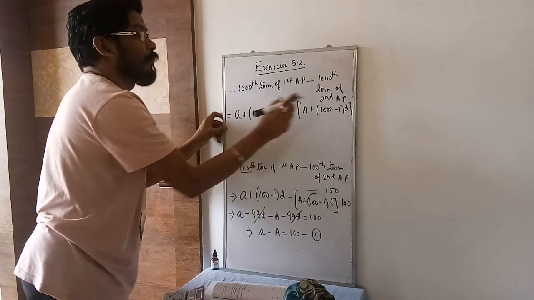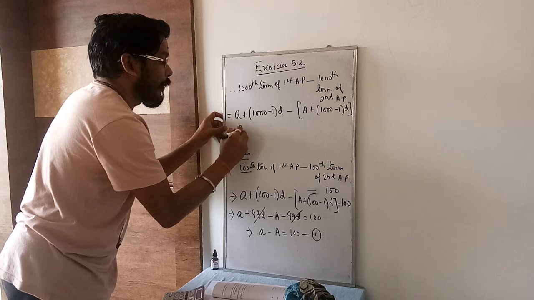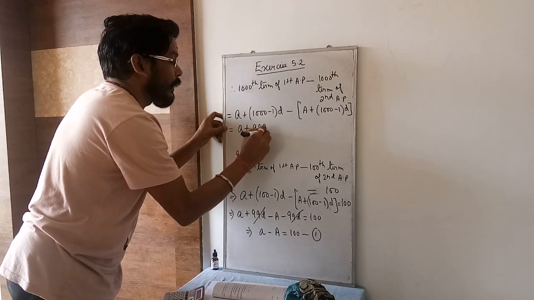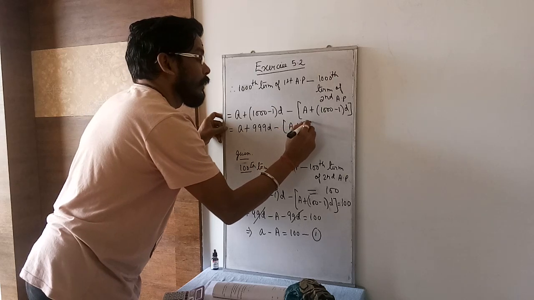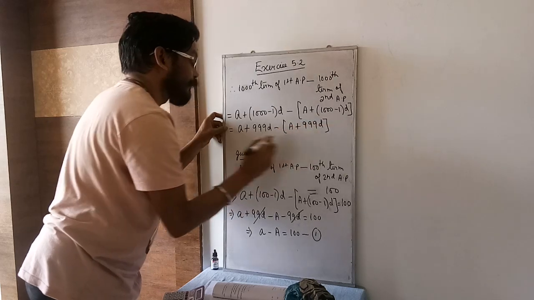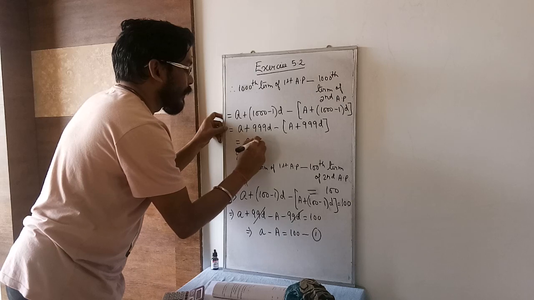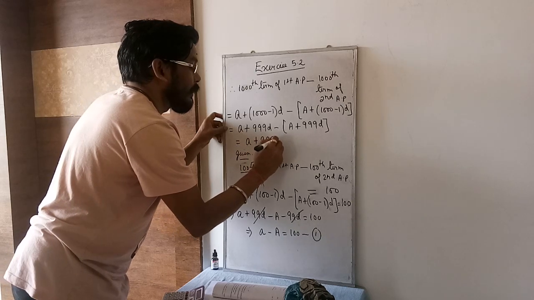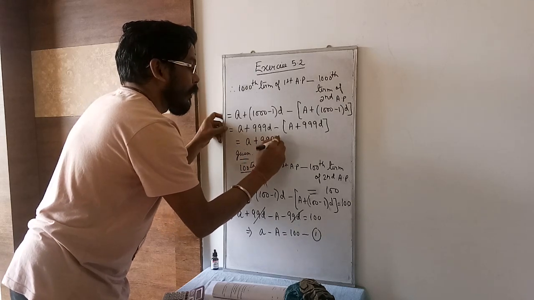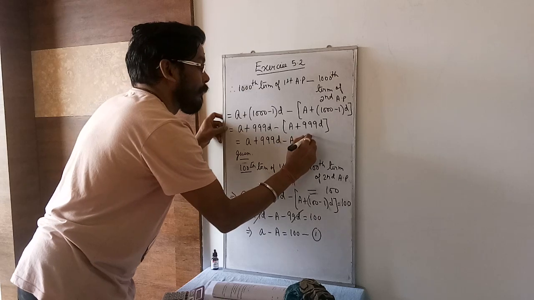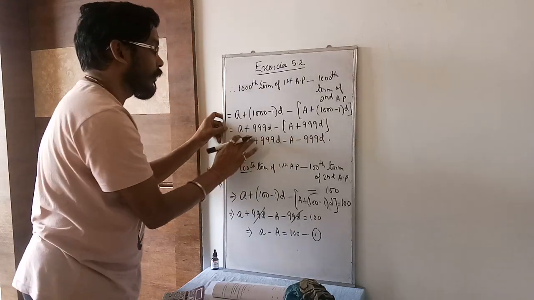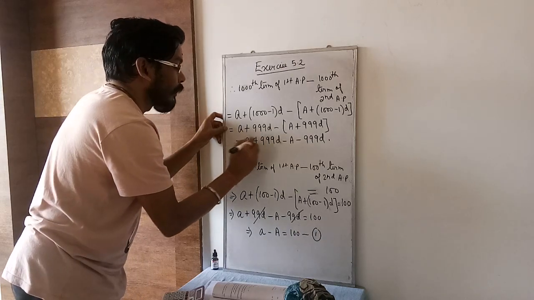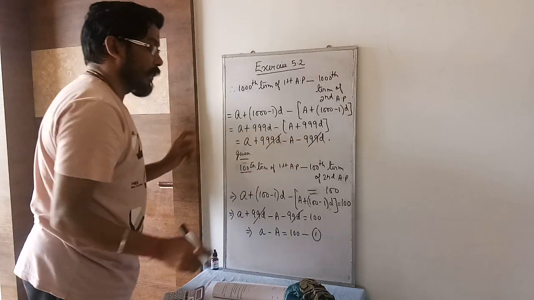The common difference is the same, so on both sides only d is used. So a plus 999d minus (A plus 999d), which is a plus 999d minus A minus 999d. So 999d cancels.